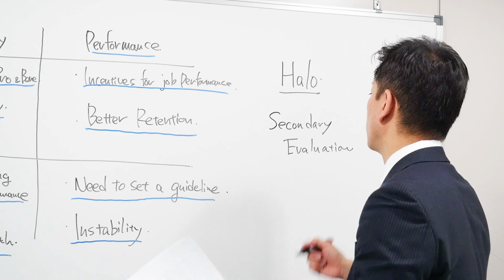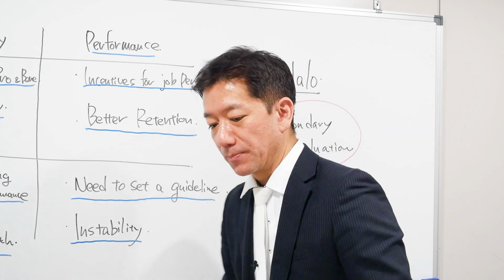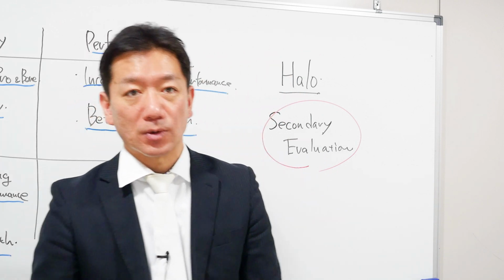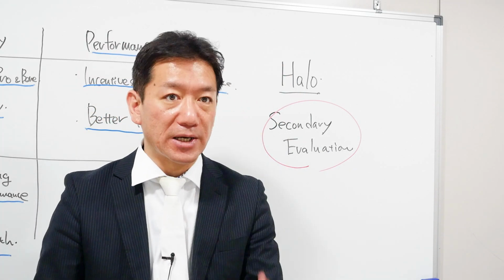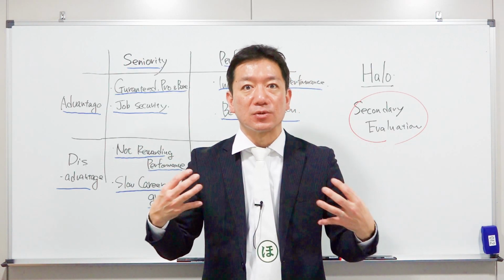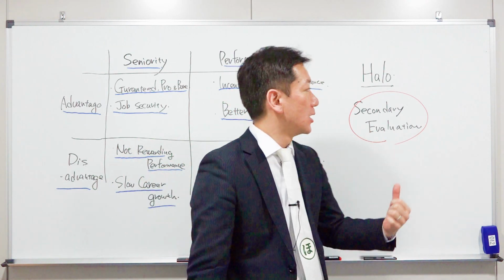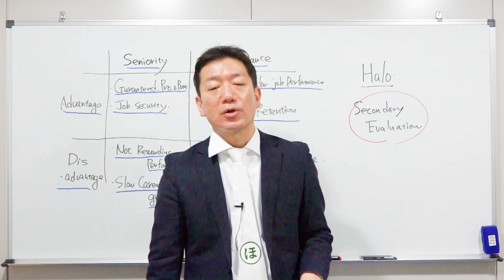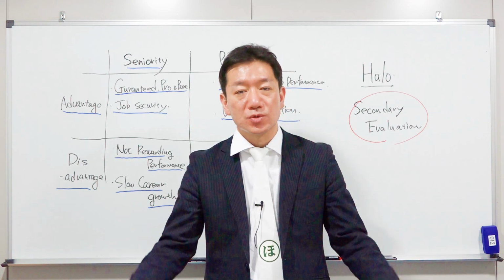When you do rating or evaluating of your people, subordinates in your company, in your organization, in your divisions, it is important to recognize your own bias. And to eliminate bias, first of all, you need to recognize yourself. You have your own biases inside. And at the same time, you can get secondary evaluation, like a 360 degrees evaluation system.